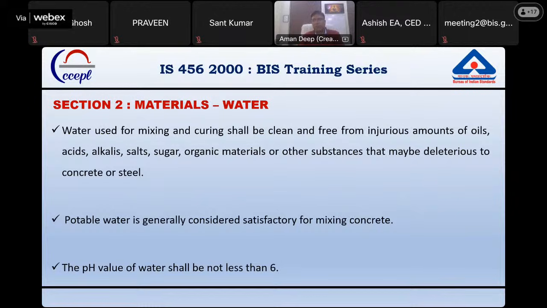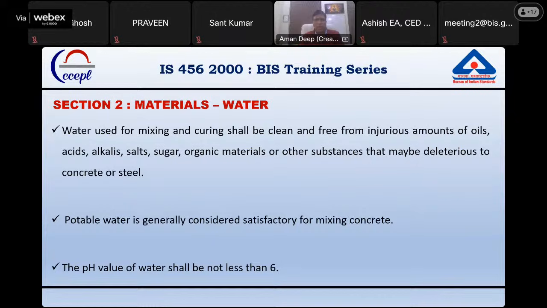Potable water means water of a quality which we can drink. The potable water quality parameters are separately given in other specifications. If the water matches the potable water quality requirements, it is considered satisfactory for concrete purposes also.